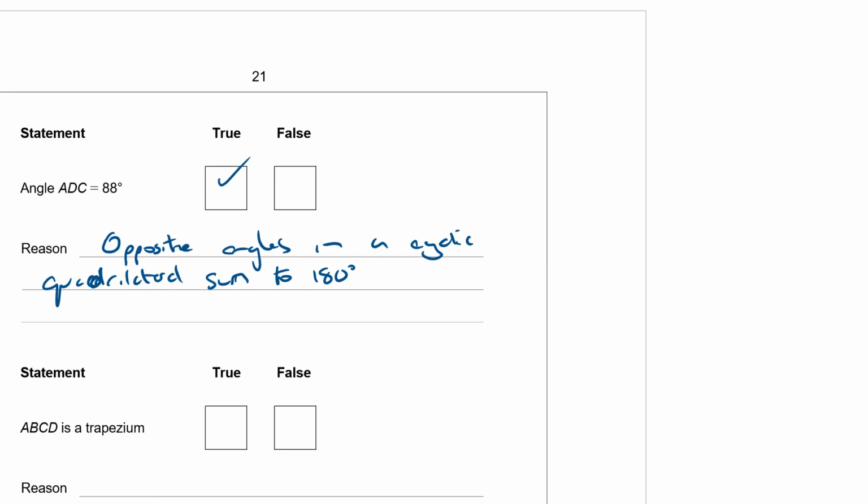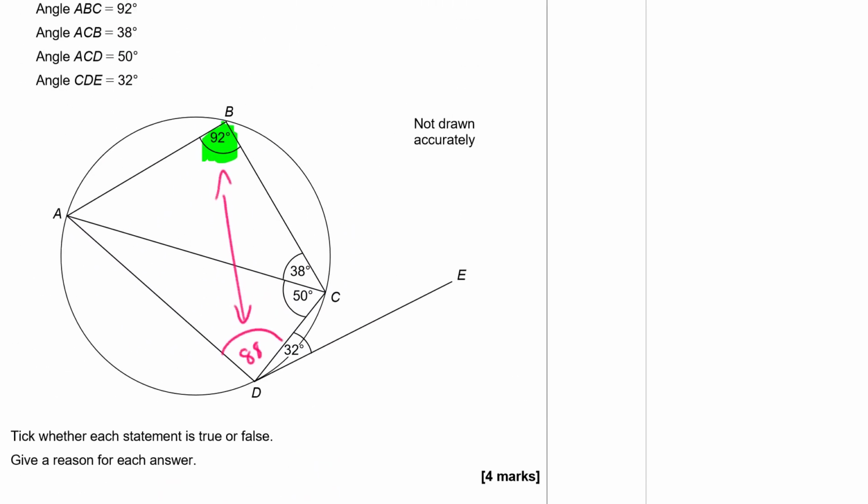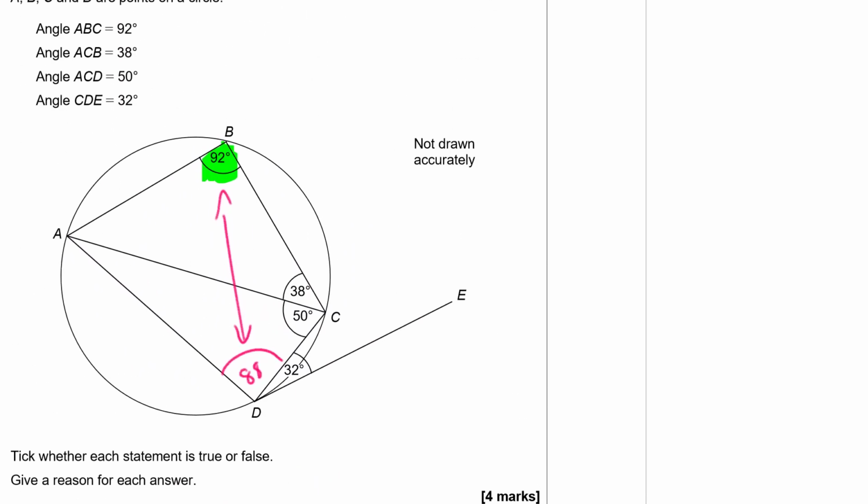Right, next statement. Is ABCD a trapezium? Where's ABCD? Okay. Well, if ABCD is a trapezium, then I should have two parallel sides somewhere. Now, to help us decide whether or not that is the case, it would be helpful to find these two angles here. So this one here and this one here.